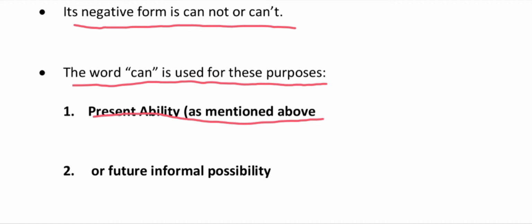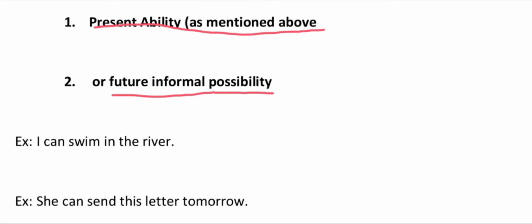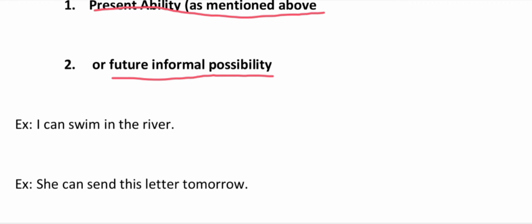The second use of can is for present or future informal possibility. So can be also used for possibility, but it is its informal use. It can be used for future or present possibility, but it is informal. Examples are given. For example, I can swim in the river.